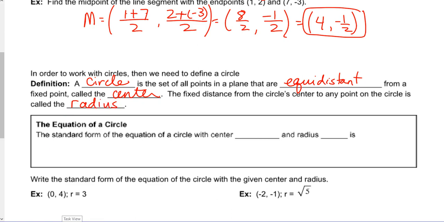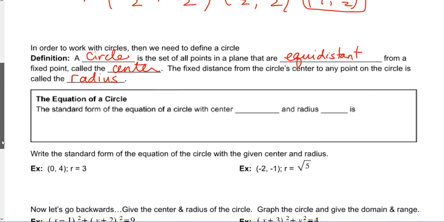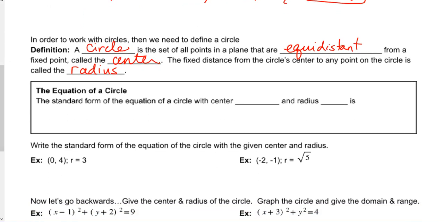So the two important things that we want to make sure that we have are the center and the radius. Now, the idea of that circle, I'm going to give you an idea here, where I have a fixed point. We're going to call that (h, k) because that's going to represent our center, and we have this being r as our radius.